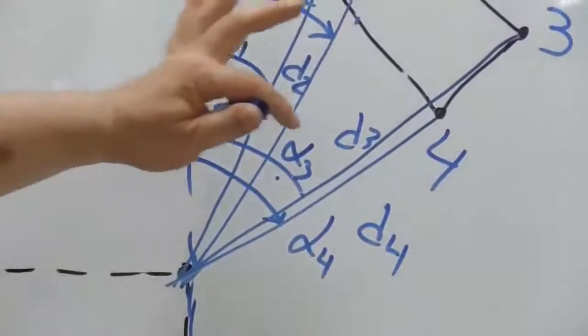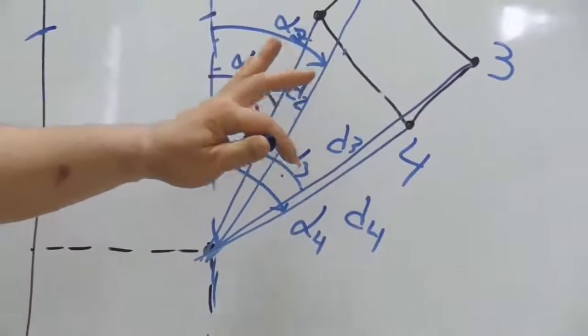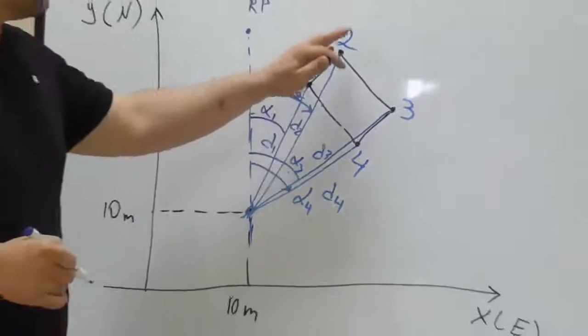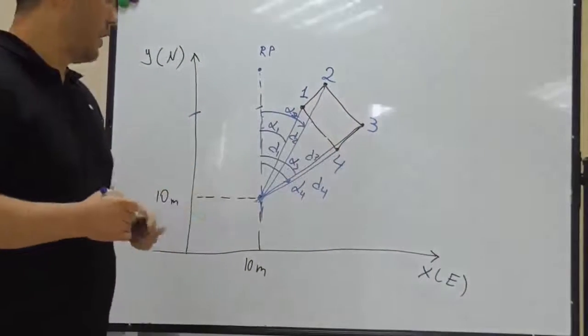These are all the polar coordinates of points 1, 2, 3, 4.